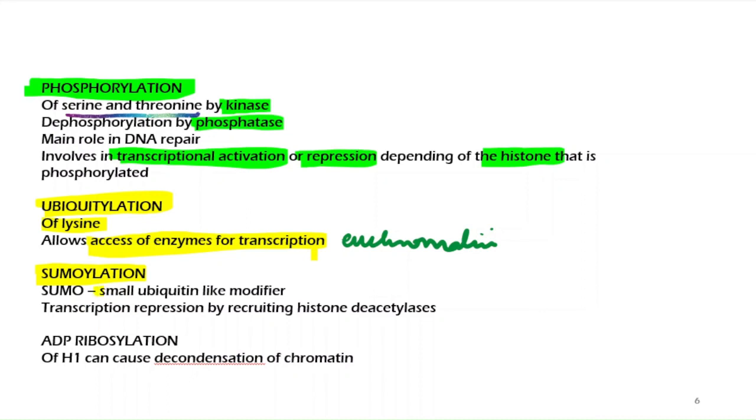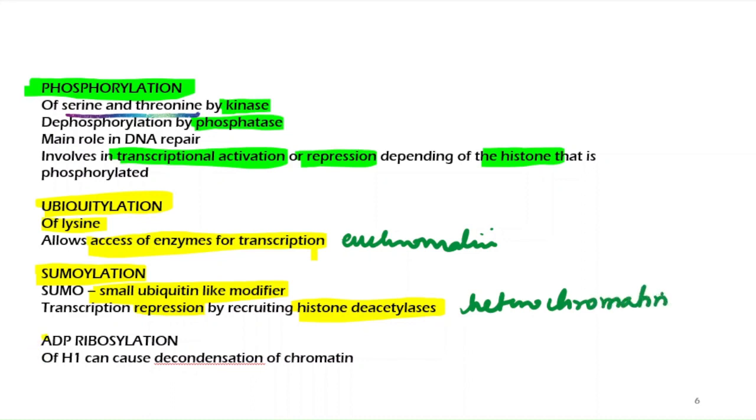Small ubiquitin-like modifier. Sumoylation will cause transcription repression by recruiting deacetylases. If you recruit histone deacetylase, that is going to decrease the acetylation, so it becomes a transcriptionally inactive form. It is going to favor heterochromatin conformation.